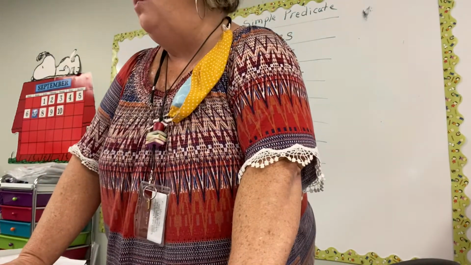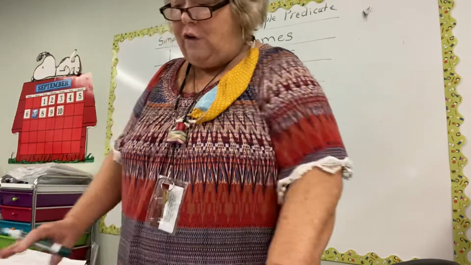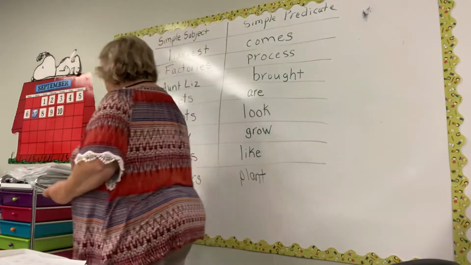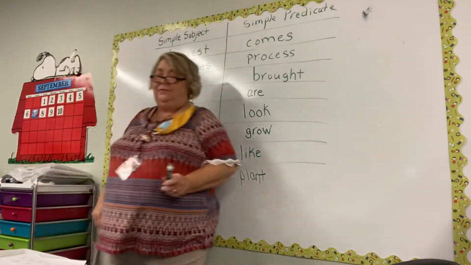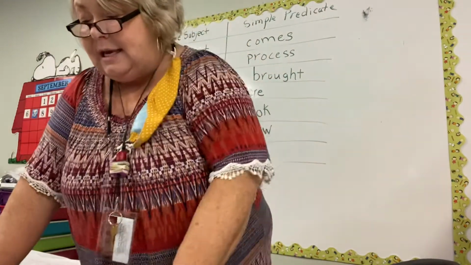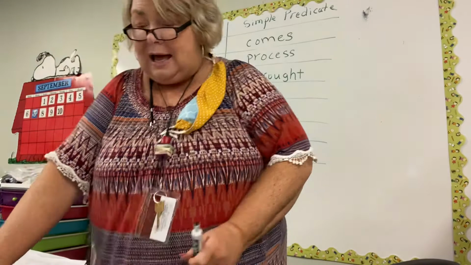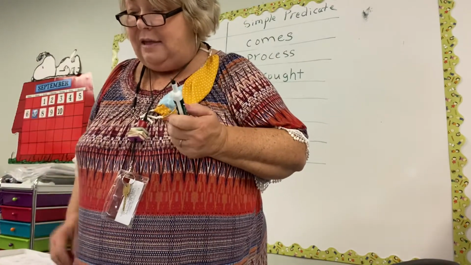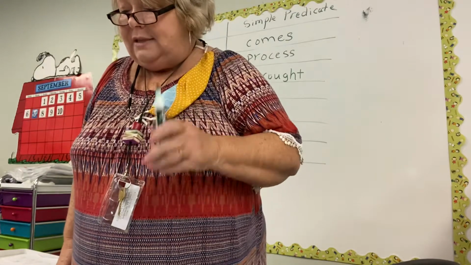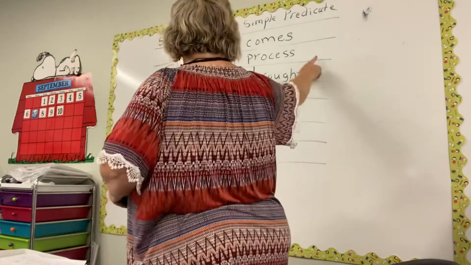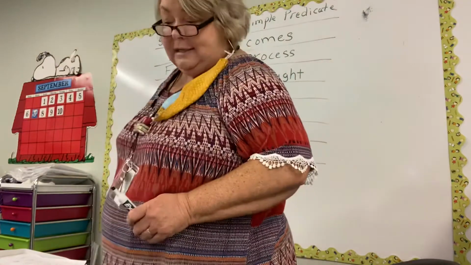Any questions on what we did so far? Okay, you're going to turn over to the back of your page to the independent practice side, and you're going to do the same thing. You've got 8 sentences, and you're going to draw a line to divide between the subject and the predicate, and then you are going to put on the diagram the simple subject on the left and the simple predicate on the right.